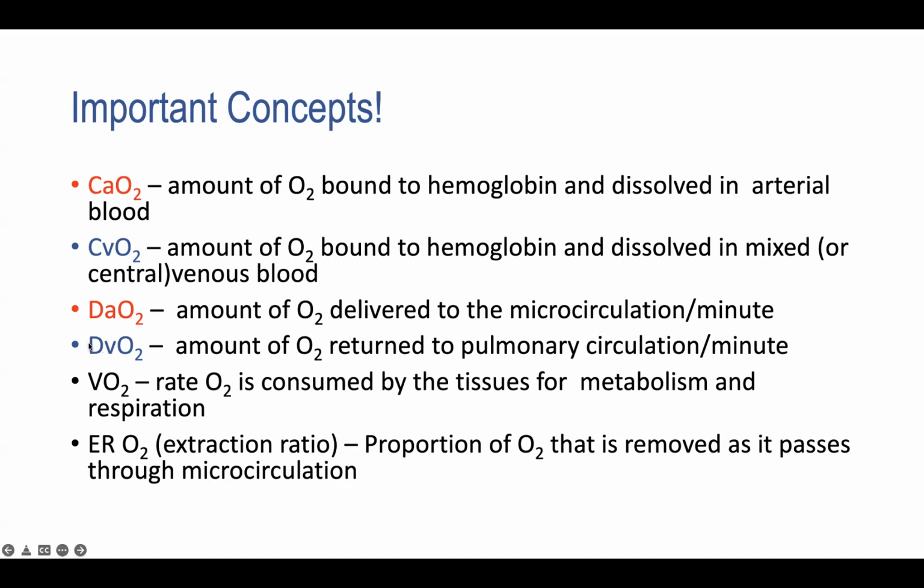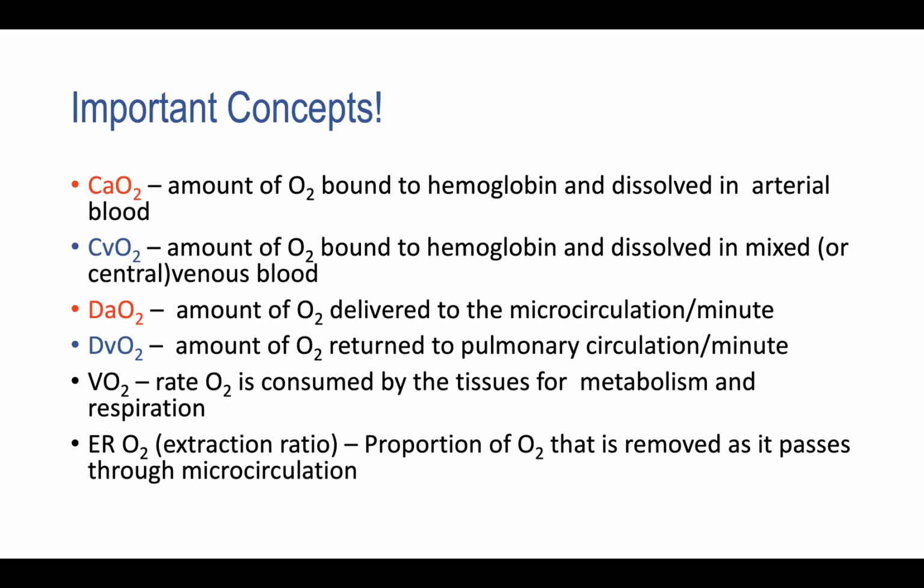DvO2 is the delivery or the return of the oxygen to the pulmonary circulation in mLs per minute. Pretty easy, right? CaO2 yields DaO2, CvO2 yields DvO2. And the difference between DaO2 and DvO2 is the amount of oxygen the tissues utilized.